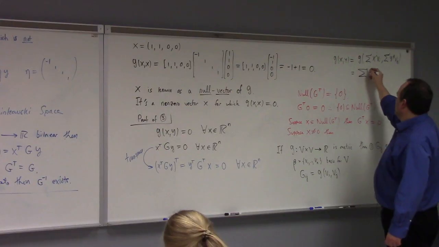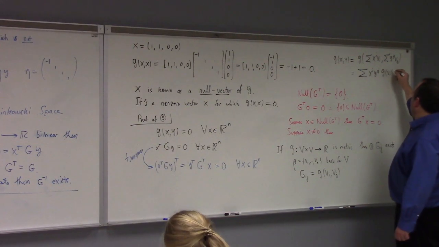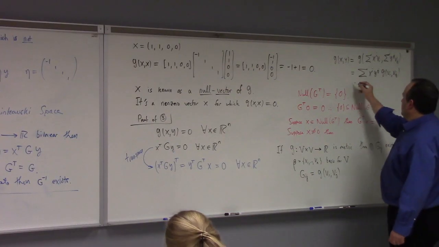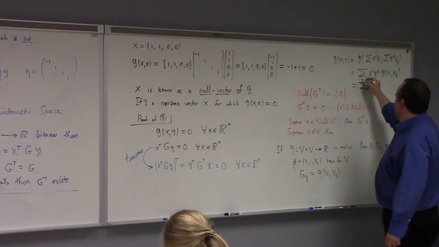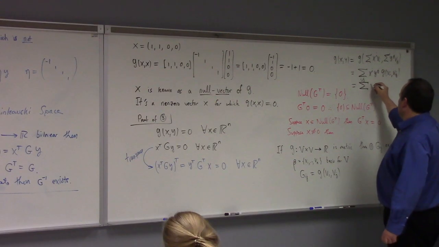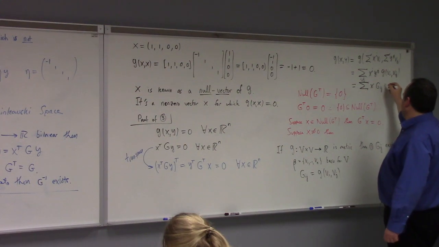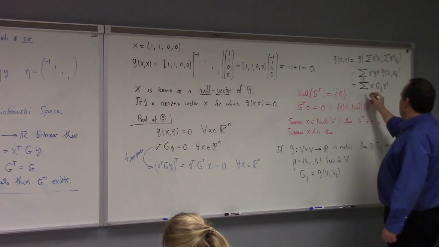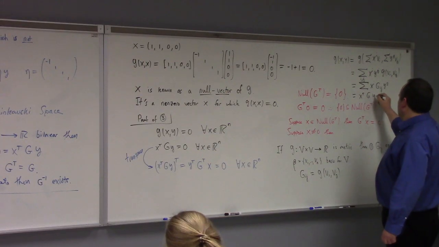And that's the sum of x upper i, y upper j, g(vi, vj), which is the sum over i and j of xi, gij, yj, which of course we could write as x transpose times g times y, right?